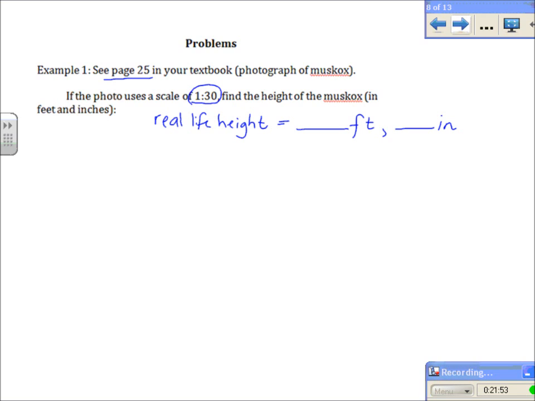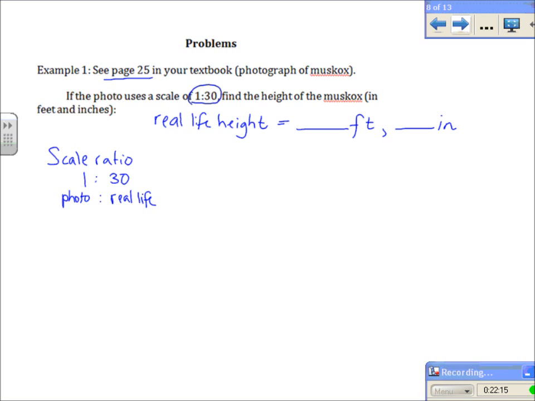Okay, so let's think about that, right? Remember that your scale, if it's expressed as a ratio, 1 to 30 means that 1 unit on the photo represents 30 units in real life, or 30 inches in real life if you were to measure the photo in inches.